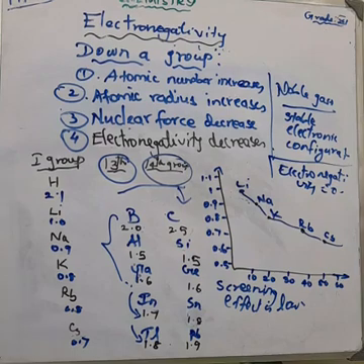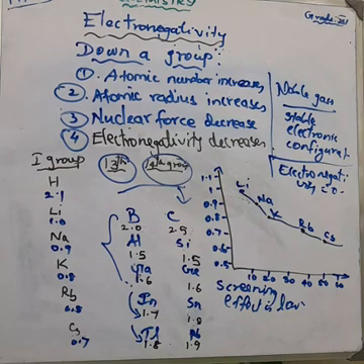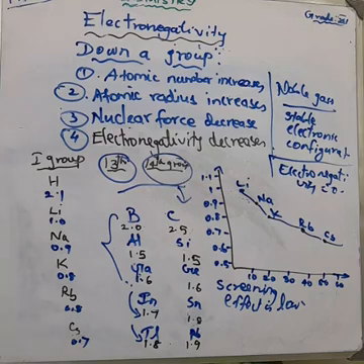So for these groups only, the electronegativity value is high compared to other p block, s block or d block elements. Understood? So these are about the variation of electronegativity along the groups.